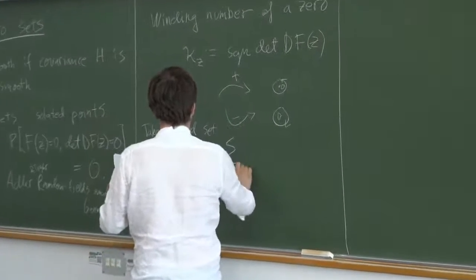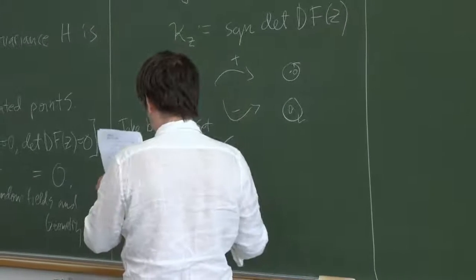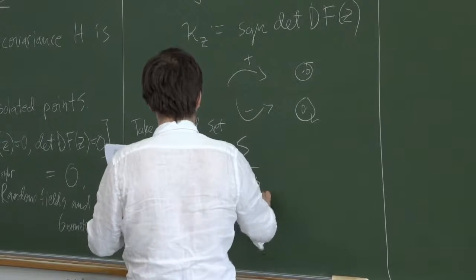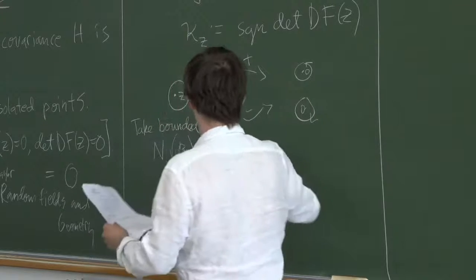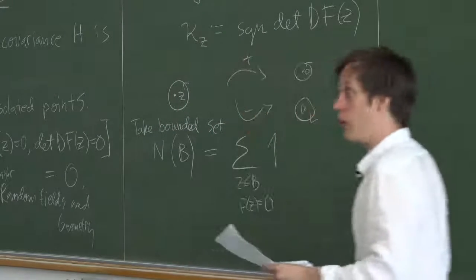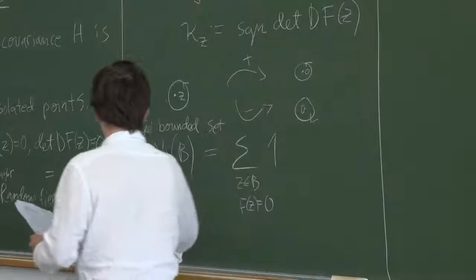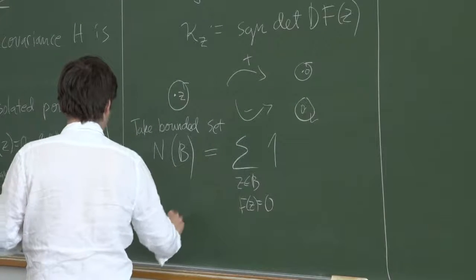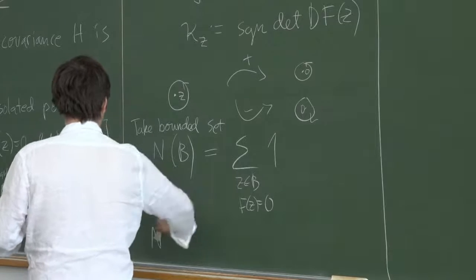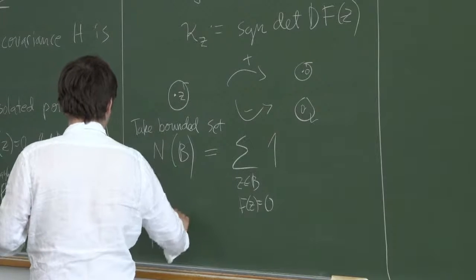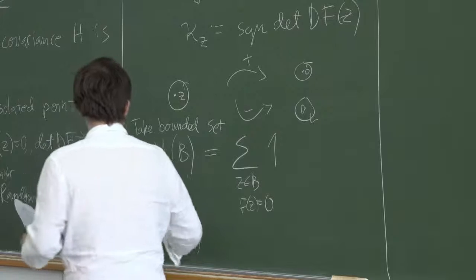So that's one way to understand the zeros. We count the number of zeros in sets and try to understand this random variable somehow. But it is also natural to look at the signed version of this.